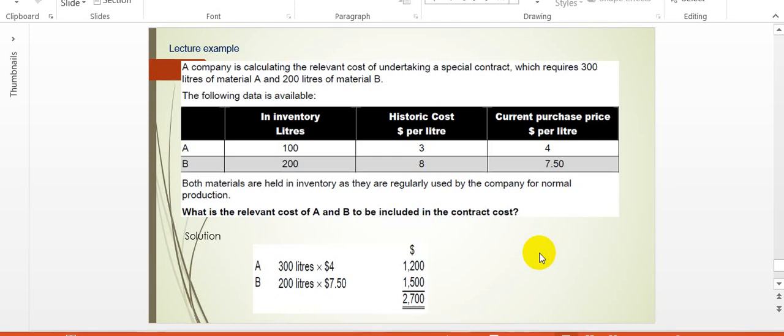We're going to replace it at the current purchase price of $7.50. So 200 liters times 7.50 gives us 1,700. So our total relevant costs will be 2,700.